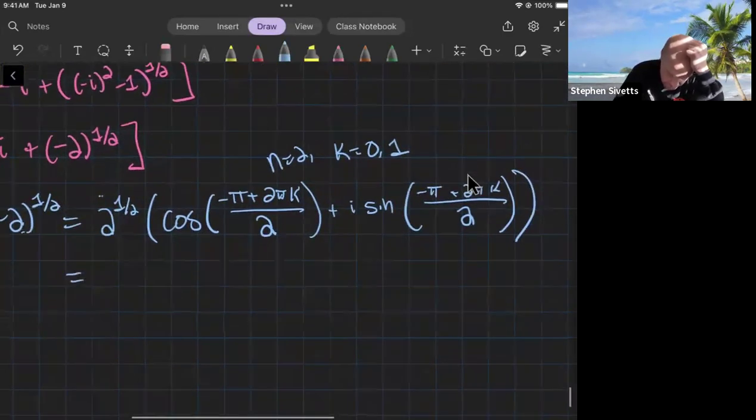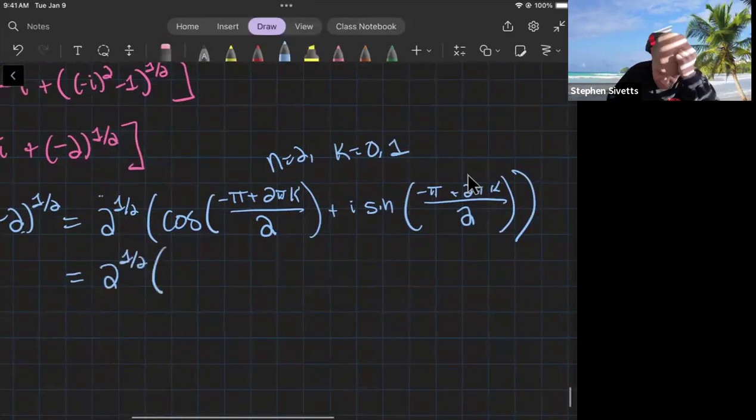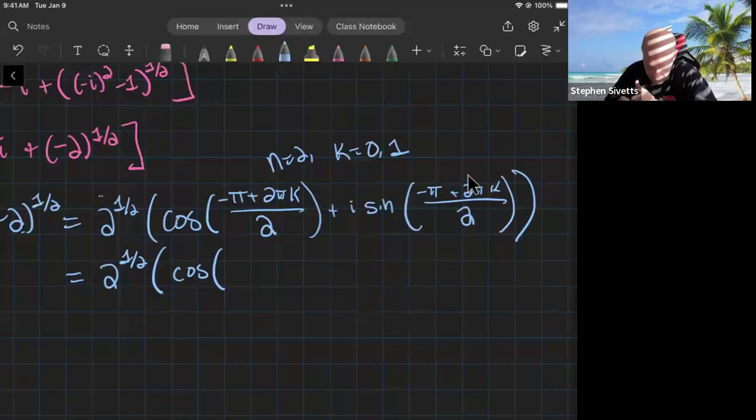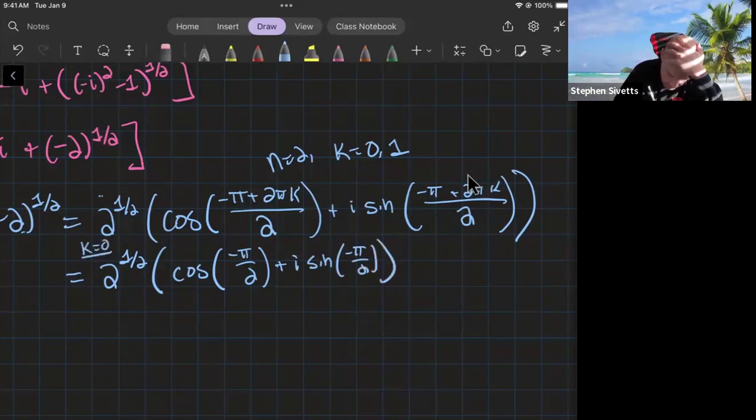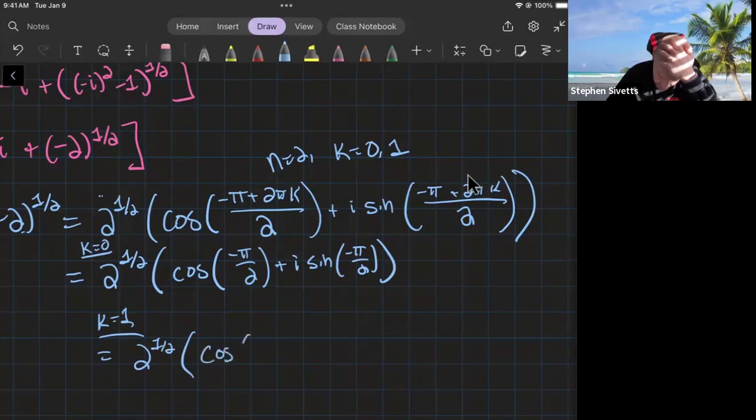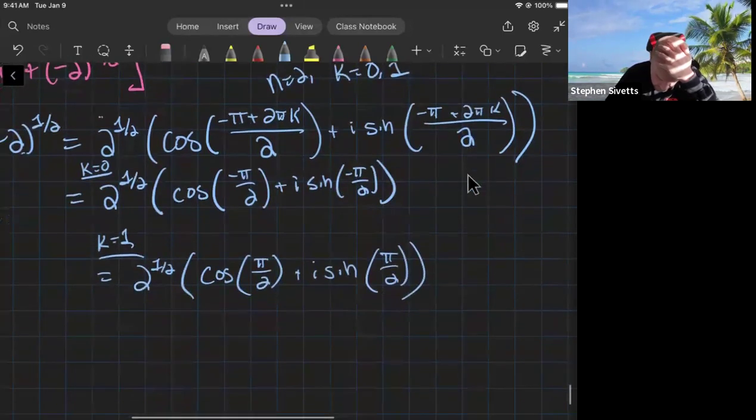All right. So this equals 2 to the 1/2 times cosine of minus pi over 2, plus i times sine of minus pi over 2. That's where k is 0. And when k is 1, we have 2 to the 1/2 of cosine of pi over 2 plus i times sine of pi over 2, right?